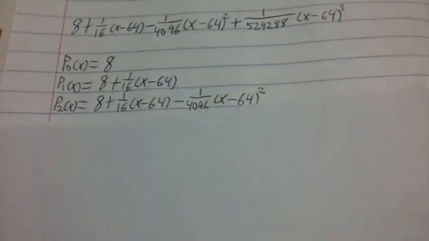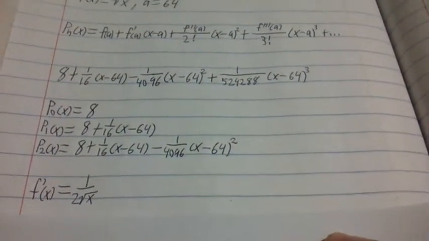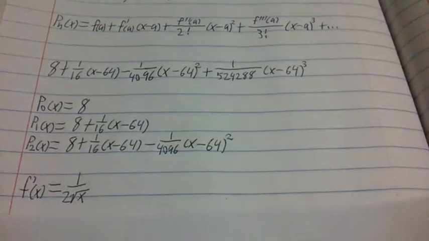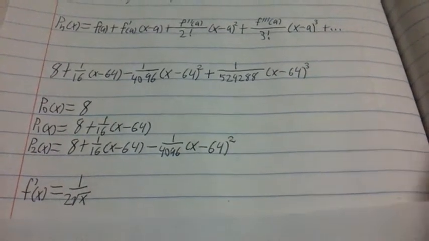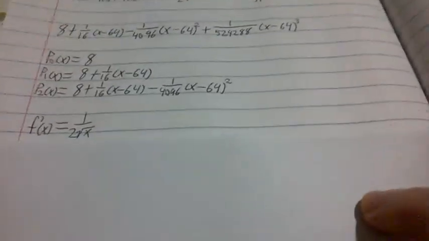Now, the one tricky part for me, I know this is kind of elementary for everyone coming from Calc 1, but the derivative of the square root of x looks like that. I remember getting that far. I don't quite remember doing it twice or even 3 times. So that was a tricky part here.